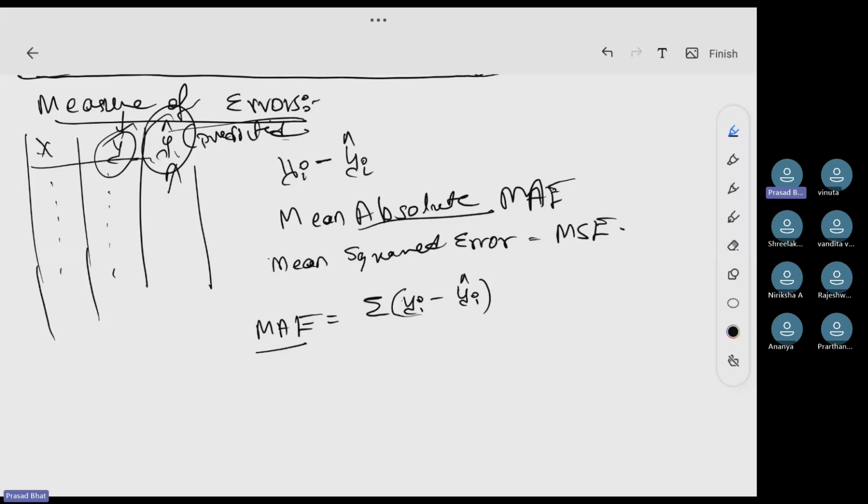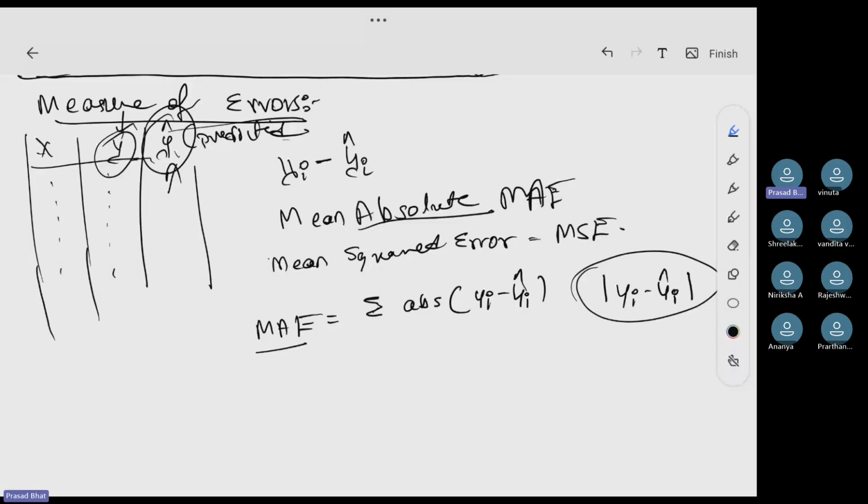How do we denote the absolute function? I can write ABS of yi minus yi cap, or we can simply write yi minus yi cap inside these parallel lines. These are the same thing. You can use any of the notations. And then for the mean absolute error, I have to divide this particular term by n, the number of samples I have.